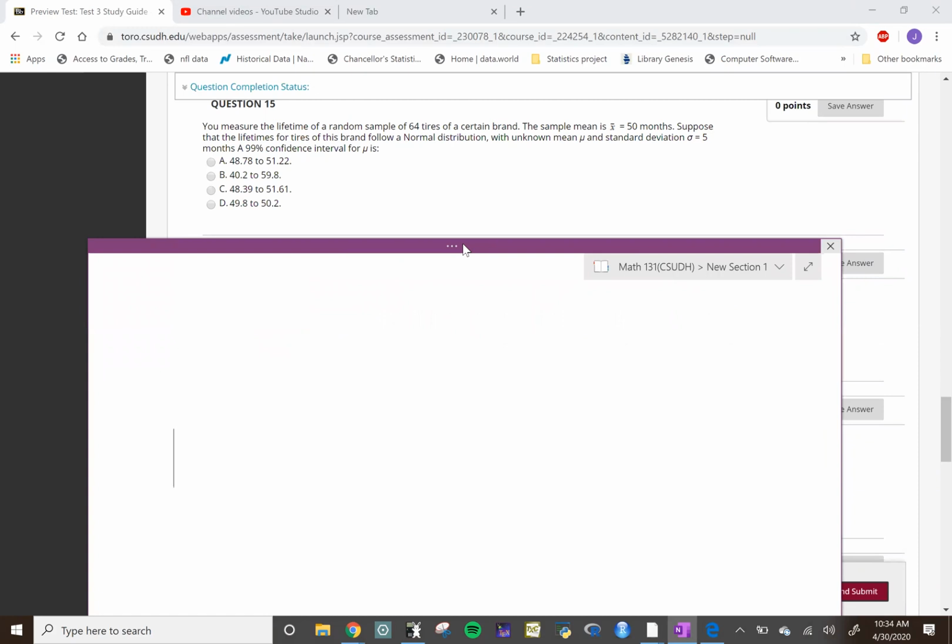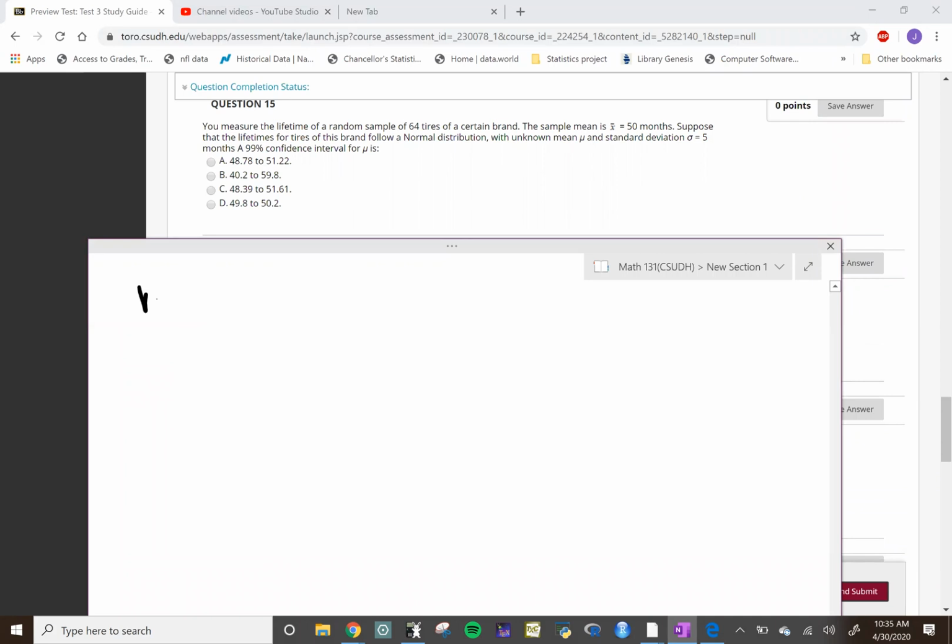So if you look at it, first they tell me the sample size, because they tell me they have a total of 64 tires. So N is equal to 64. They also told me we have a sample mean of 50, so X bar is equal to 50.